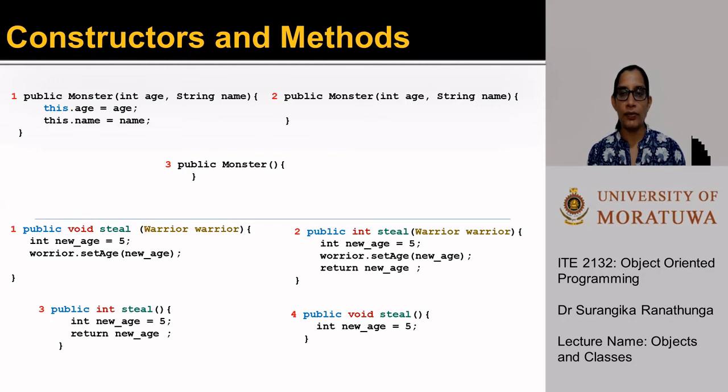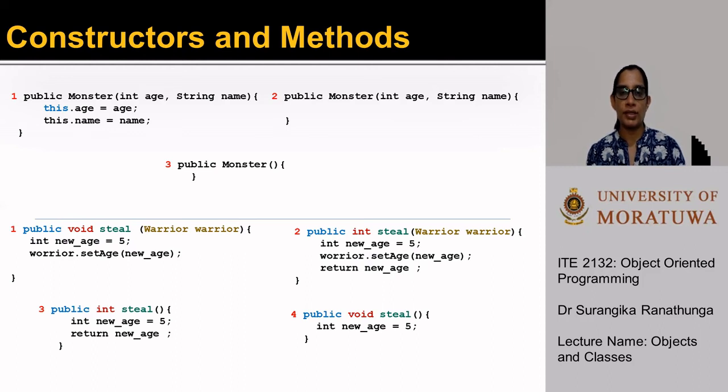In the next one, we are taking the parameter values, as you can see, but we are not using these parameter values to set the attribute values of the Monster objects. Then there's no point of taking the parameters, because we are not using the parameter values inside the constructor.